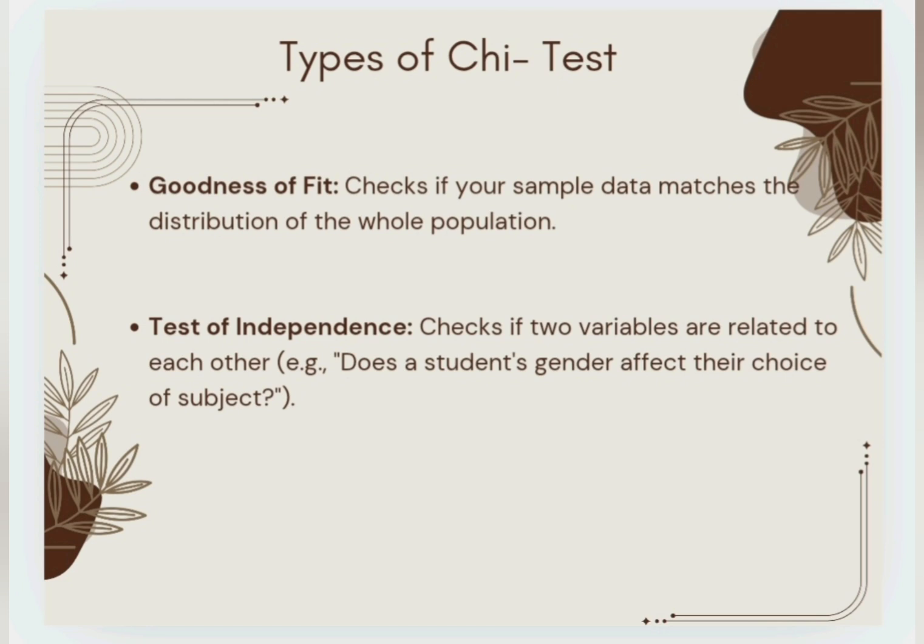For example, does the student's gender affect their choice of subject, or does the student's gender affect the educational level? So you can use this test to check if two variables are related to each other or not.